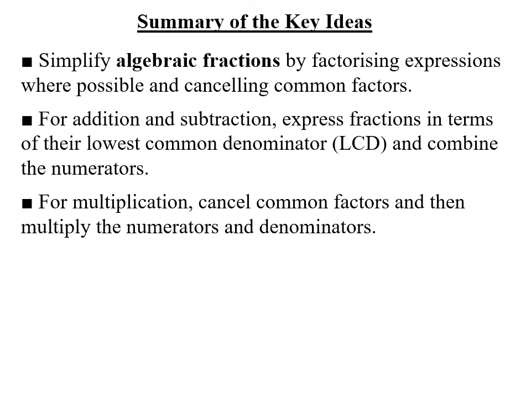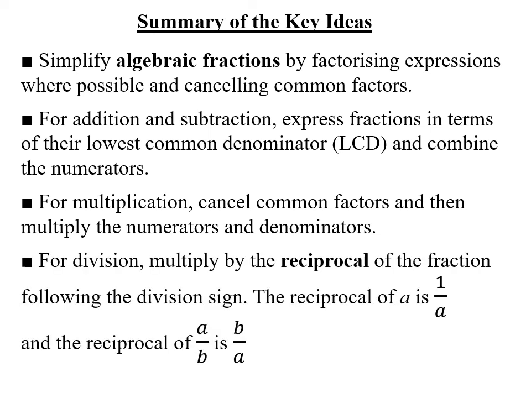For multiplication, cancel common factors, if there are any, and then multiply the numerators and denominators. For division, multiply by the reciprocal of the fraction following the division sign. The reciprocal of a is 1 over a. The reciprocal of a over b is b over a. Example, if I've got 3 divided by a over b, then you write 3 times b over a.